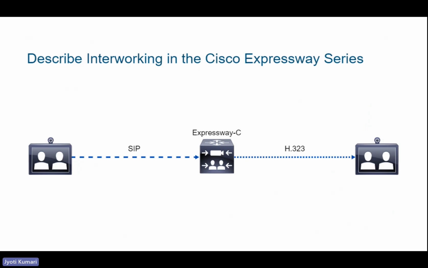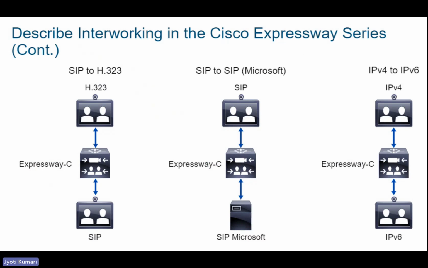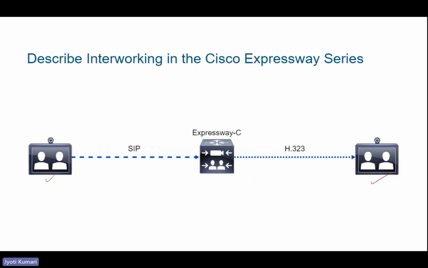Okay. Then we have interworking in the Cisco Expressway series. We just discussed that we can enable interworking to enable two endpoints with different protocols, SIP and H.323, to be able to communicate with one another. For example, this diagram shows a SIP and an H.323 endpoint making a call with one another, and with the Expressway interworking feature, we can make that successful.